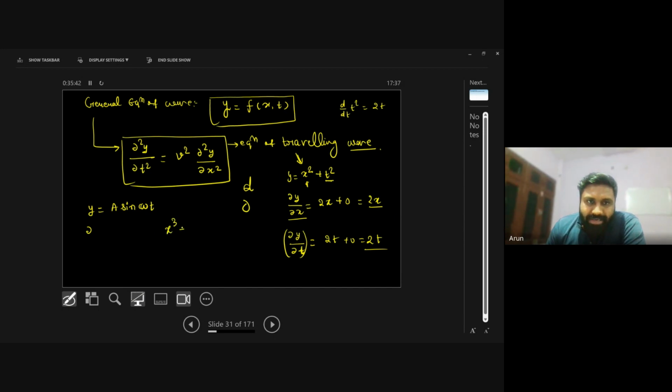Try to do this: y is equals to x cube plus 3t square. Find out del y by del t and del y by del x. Find out what is the answer.